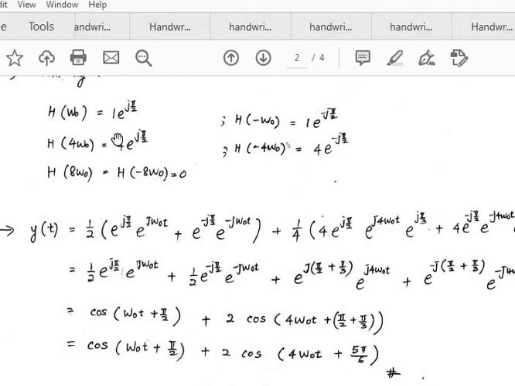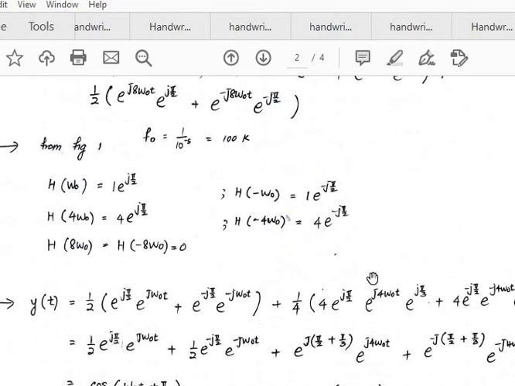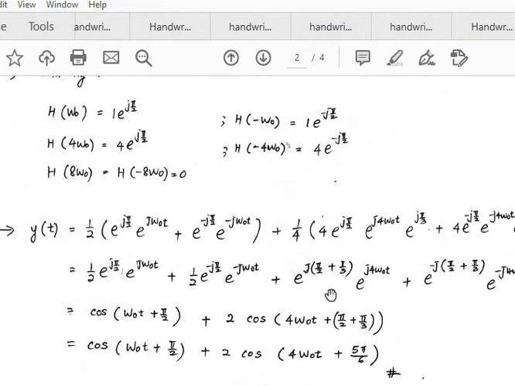For the 4, you have H(f) is 4 exponent j pi over 2, okay, and then you multiply with this one, the exponent j for 4 omega naught.